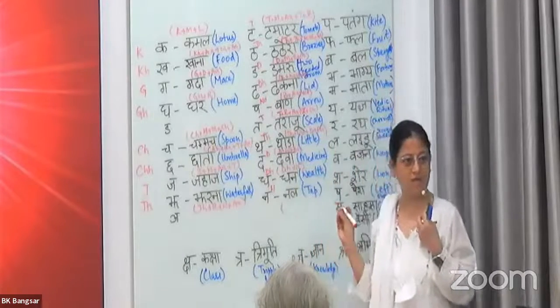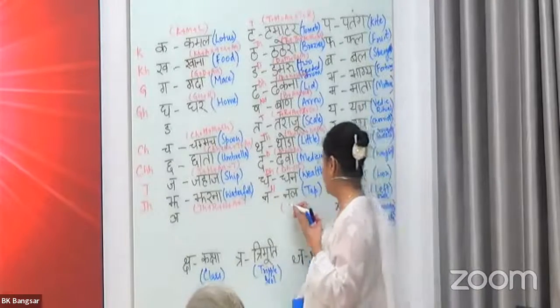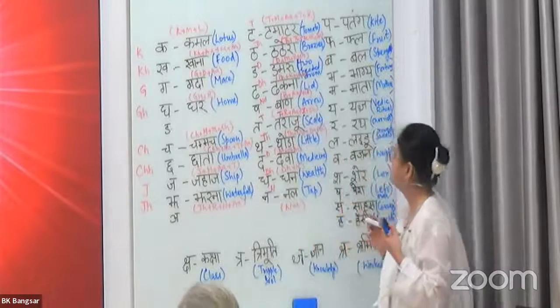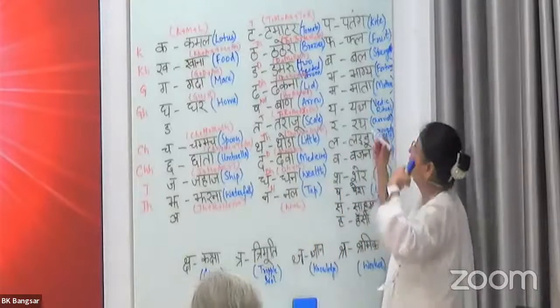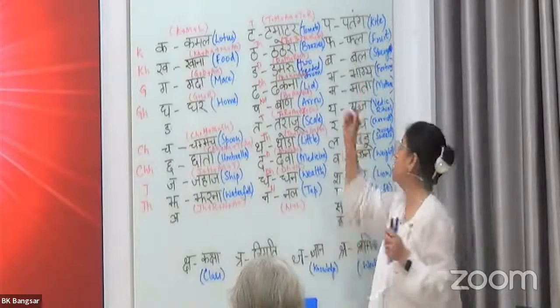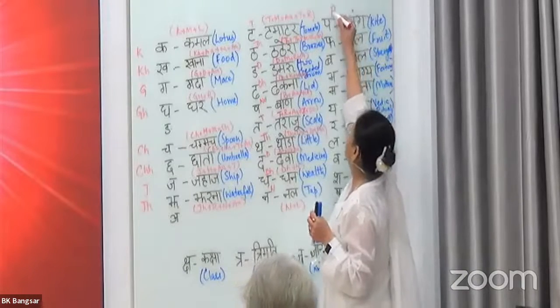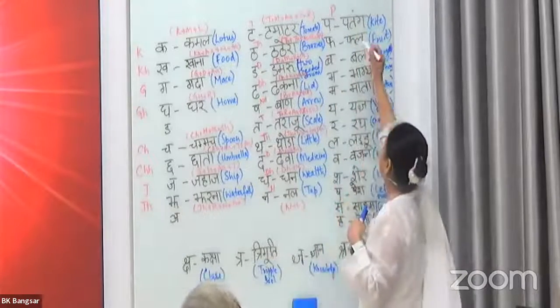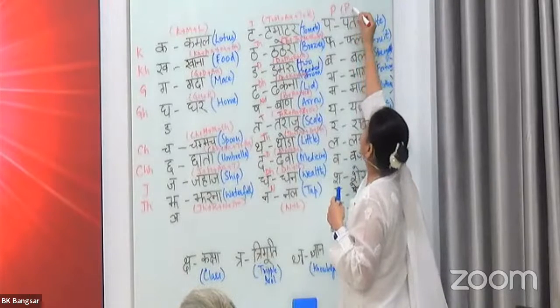Then is na. Nal, which is a tap. Then is pa. Patang is the kite. Patang.